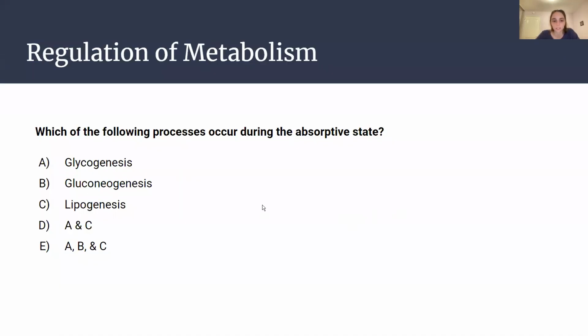So first, let's talk about the absorptive state. Which of the following processes occur during the absorptive state? Think about anabolism. What is anabolism? Is it synthesis? Are we breaking down food or are we synthesizing food?